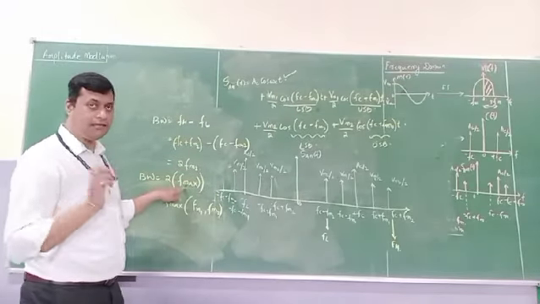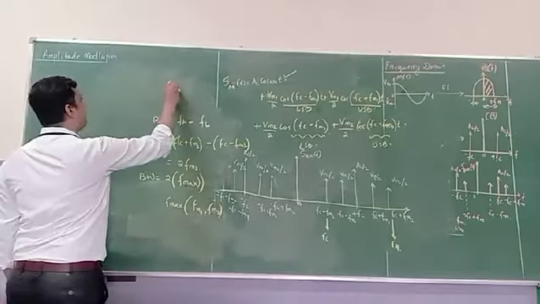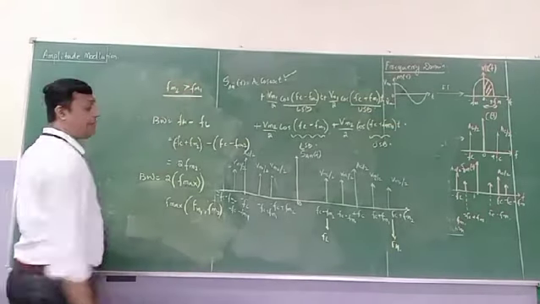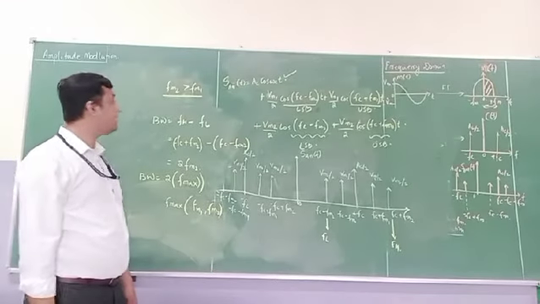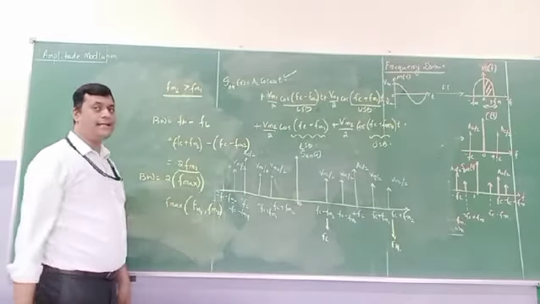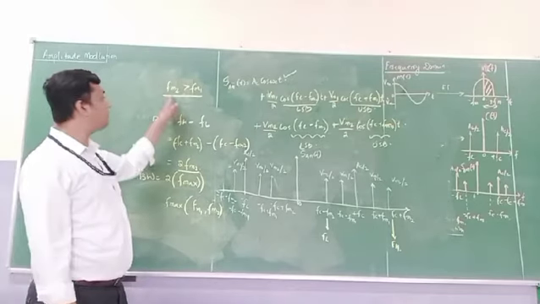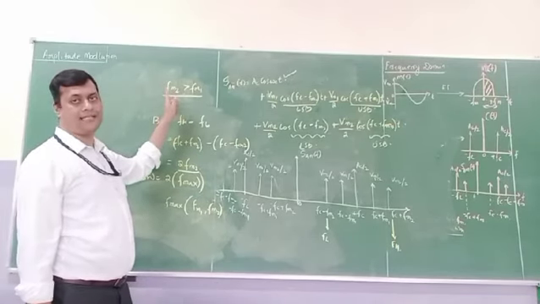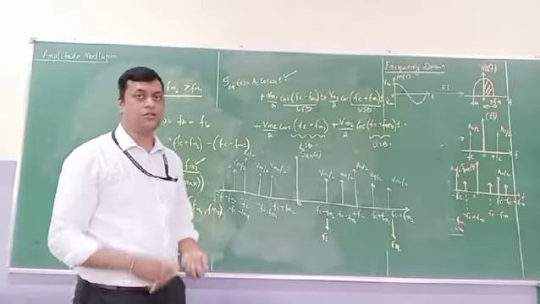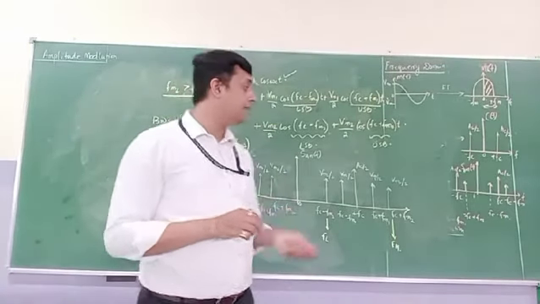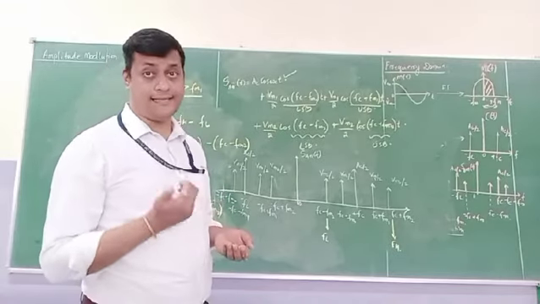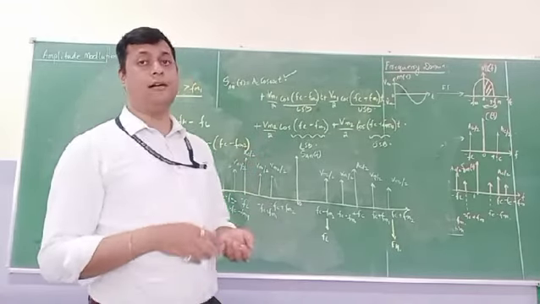As we have considered that FM2 is greater than FM1, my bandwidth will be twice FM2, because out of these two, FM2 is maximum. So with the help of this, different segments are created, interference is less, and the signal can be transmitted to a longer distance.